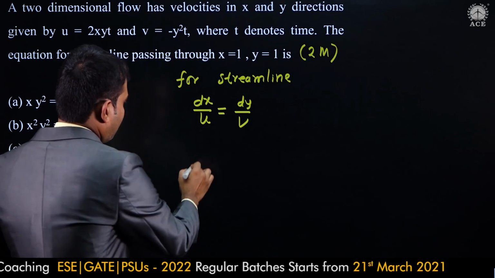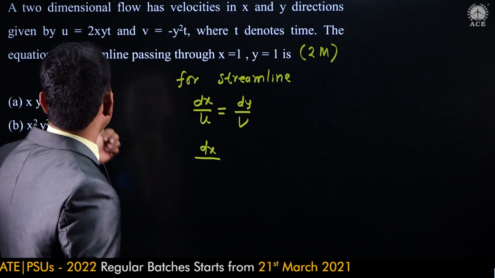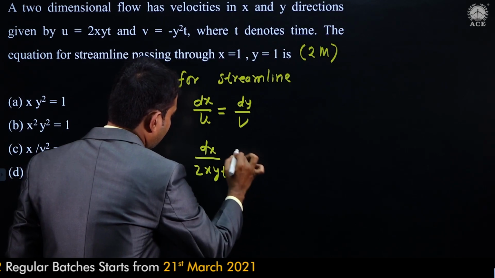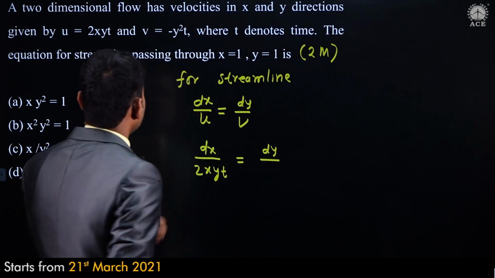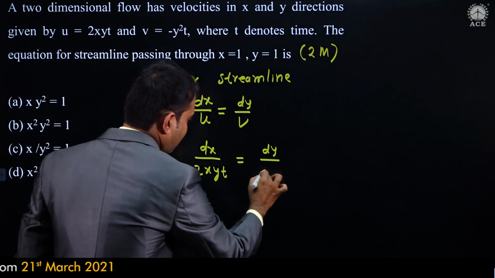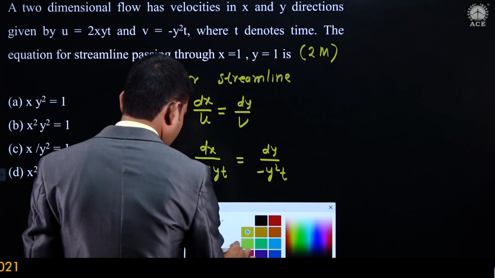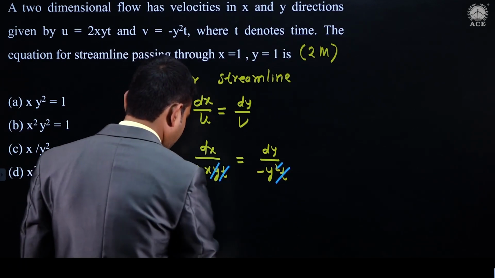Agreed? So the expression for the x component of velocity is given as 2xyt. So this is equal to dy divided by the expression for the y component of velocity, given as minus y² t. From here this t will get cancelled, and one term of y will get cancelled.